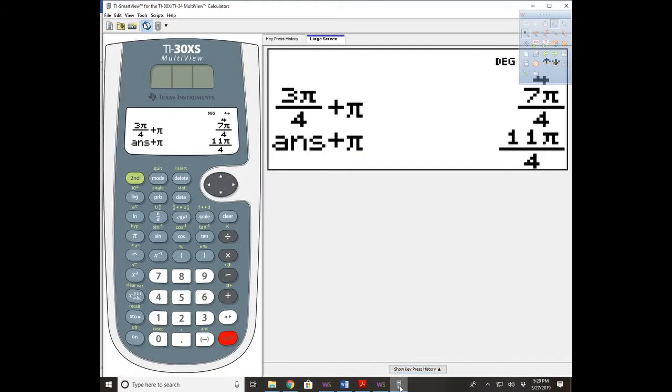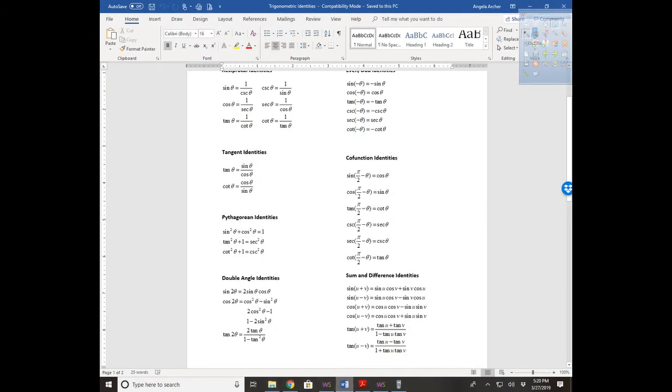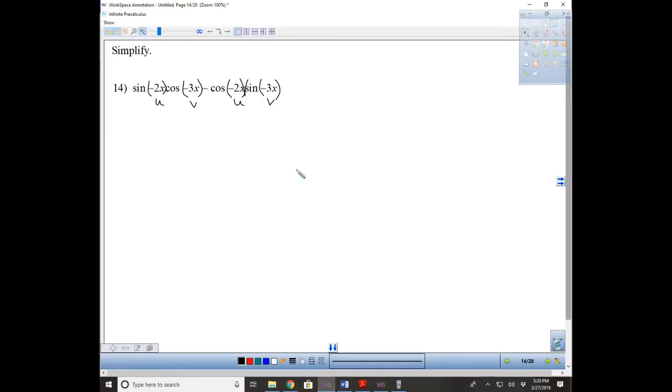If you think of it like this, it's got the minus sign, okay, which is going to make it the sine difference formula. So you have negative 2x minus negative 3x, which is actually going to change this to a positive. So I have negative 2x plus 3x, so this will be sine of x.